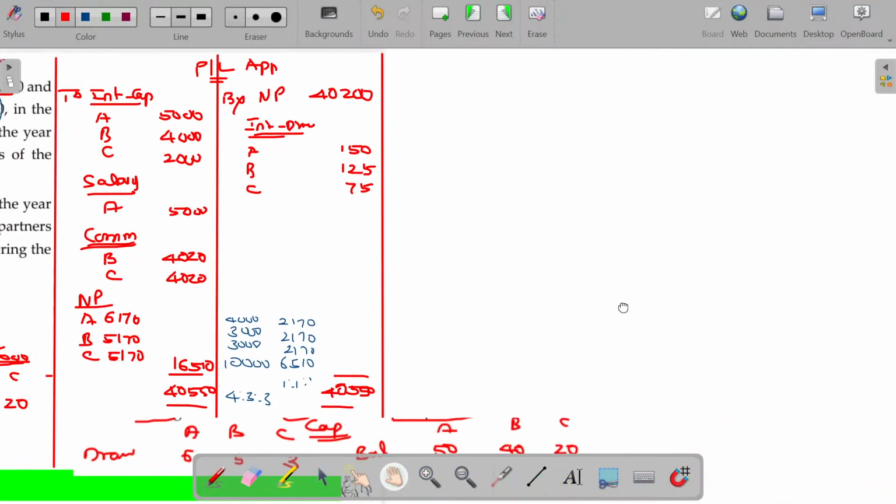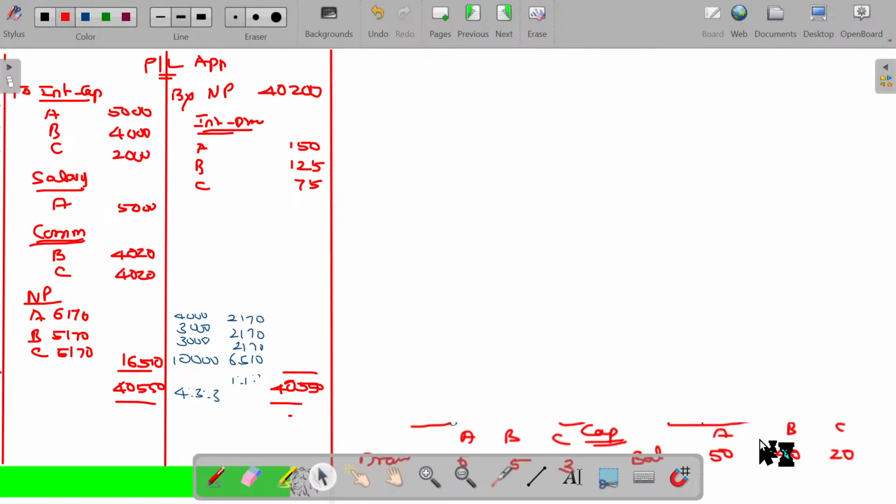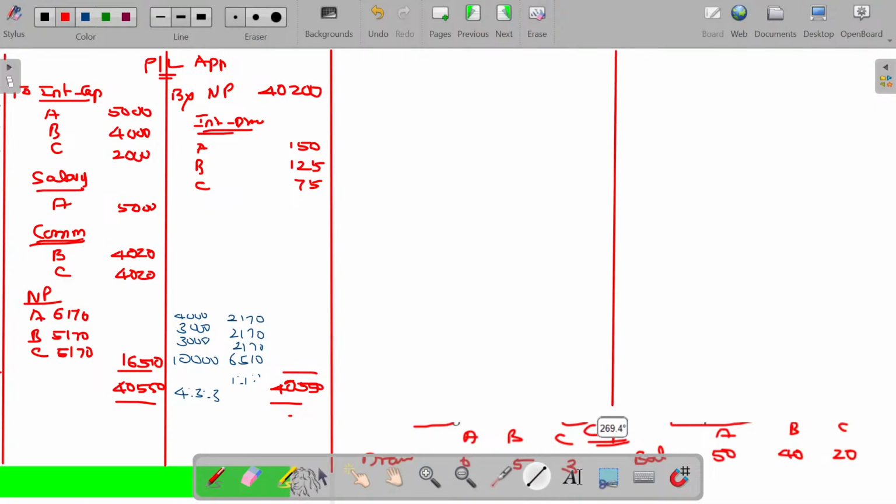Now we can prepare the balance sheet, that means the capital account. I'm going to follow both methods, fixed capital as well as fluctuating capital method. Let me finish up the fluctuating capital method first of all.